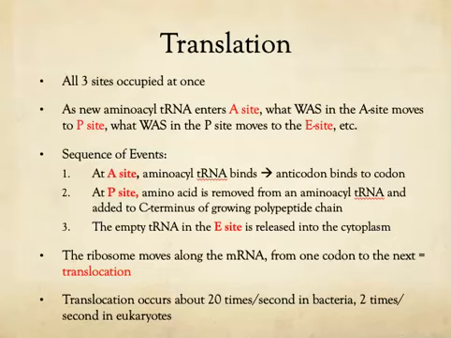Every time the ribosome translocates, everything in the three sites shifts over one position so that a new tRNA can come into the A site. Translocation occurs about 20 times a second in prokaryotic cells. It's slower in eukaryotic cells, occurring about twice every second.